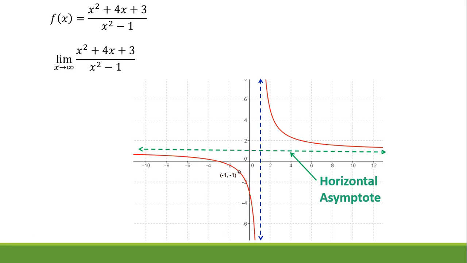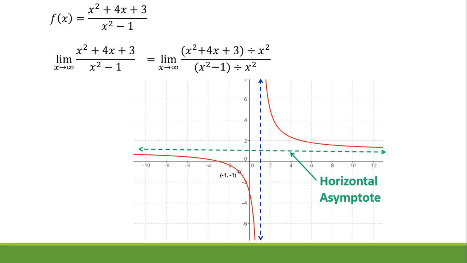Now, in order to take this limit, we're going to do a little bit of an algebra trick. We're going to look for the highest degree term in either the top or the bottom. And what I notice is that x squared is the highest degree term I see. It happens to be in both the numerator and denominator. And what we're going to do is divide everything in the numerator and everything in the denominator by that highest degree term.